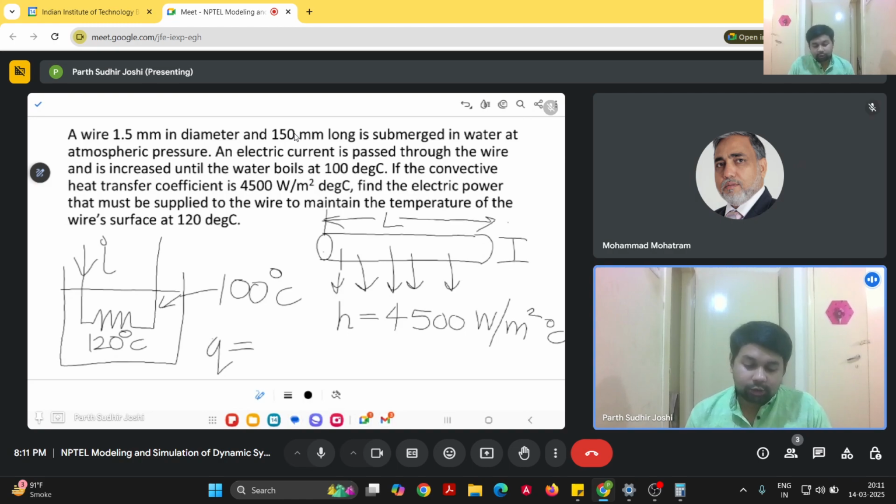If the diameter is d, then heat transfer will be equal to area into the heat transfer coefficient into the temperature difference.